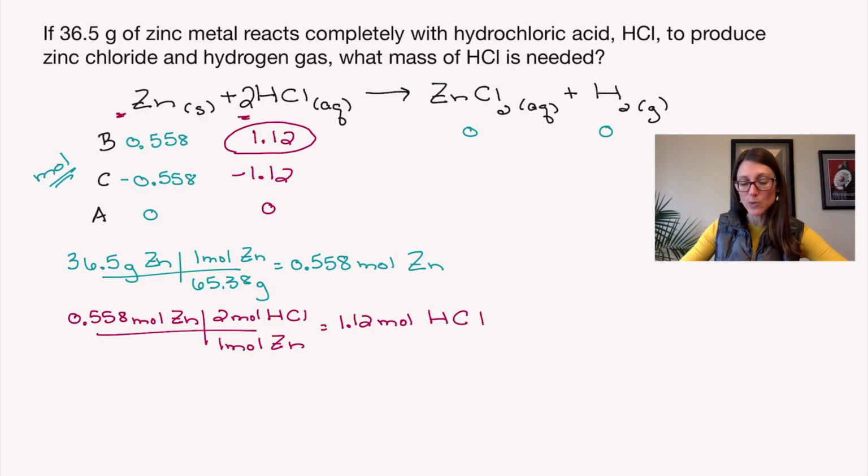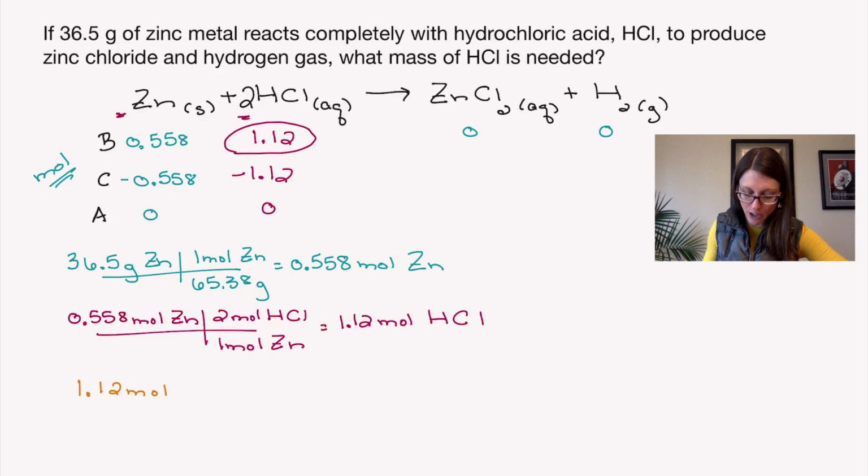Now, to note, this problem didn't ask about zinc chloride and hydrogen gas, so you can definitely fill out the rest of the BCA table if you want, but it's not necessary to answer the question. The final step we need to carry out in order to answer this question is to take the moles of HCl and convert that into grams, because the question said what mass of HCl is needed. So again, I'm going to set up a dimensional analysis problem.